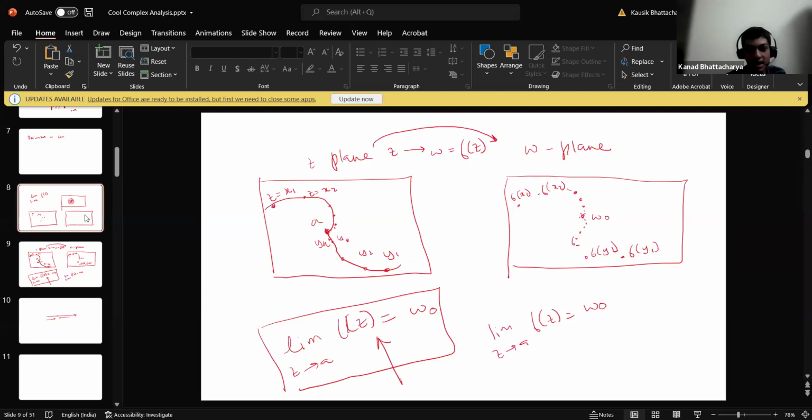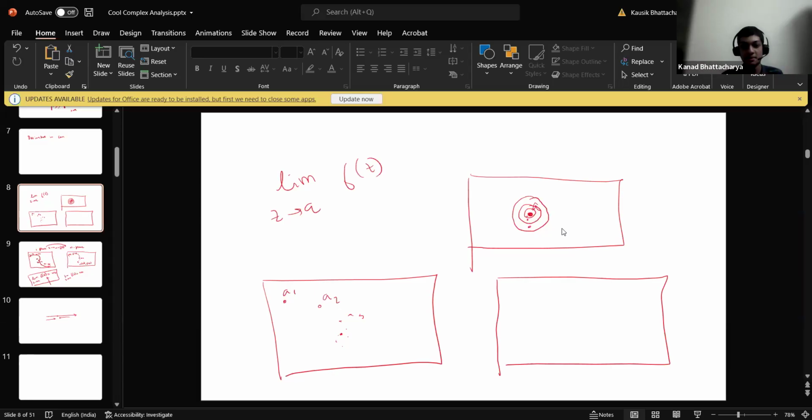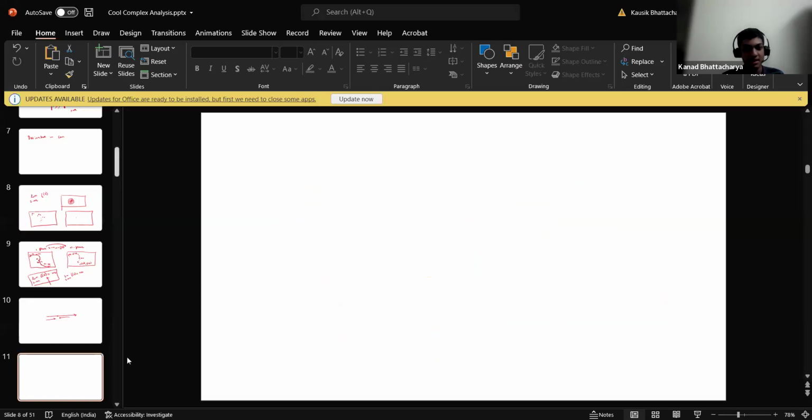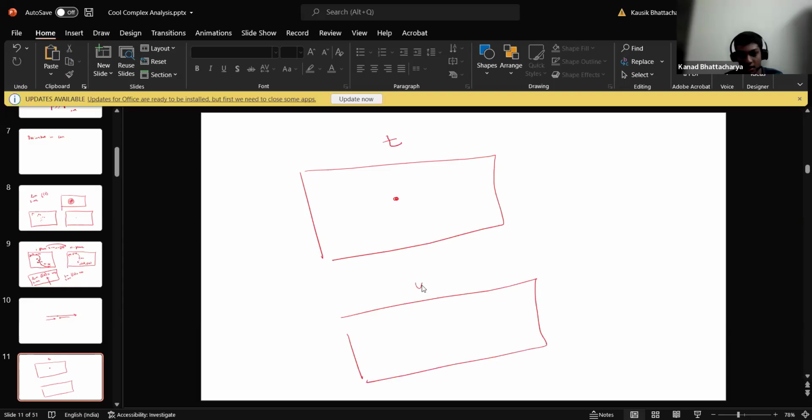And when I originally said that these points tend towards the limit, what I really meant was, let me clarify a little bit more. If you take this point on the z plane and this point on the w plane, and we keep drawing sufficiently smaller and smaller circles from which we pick our points x1, x2, or y1, y2, then f of x1, x2, f of y1, y2 will also tend towards w0.